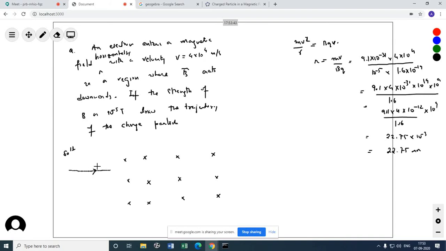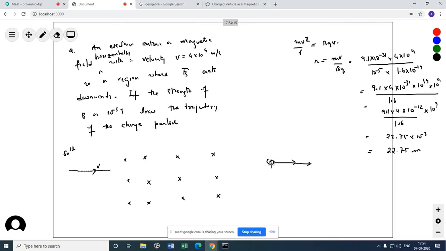We see this is the velocity vector, the force is going inside, and the magnetic field is going into the board, into the paper. I have to align my right hand with V, and this is B. The cross means going into the board.